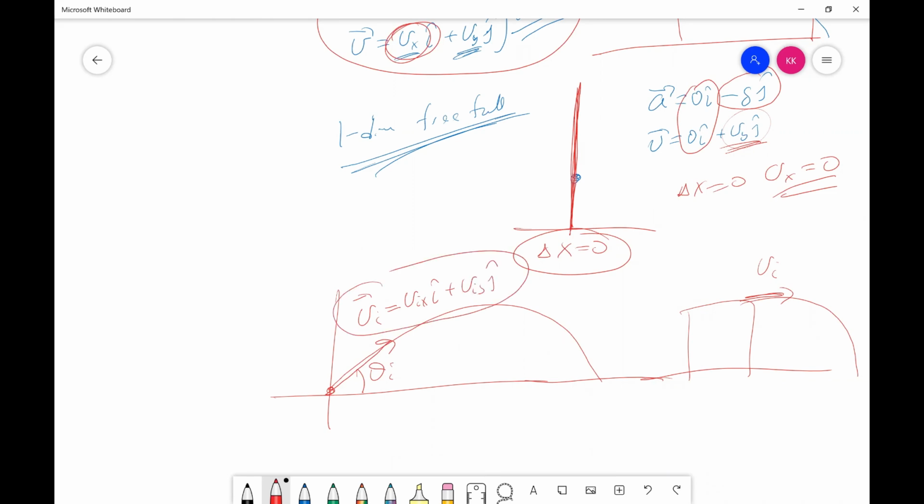That's a non-zero launch angle. That means that your projectile has some kind of launch angle. Where if it's a zero launch angle, then V initial vector is equal to V initial x i hat plus 0 j hat. It has no initial vertical component. So V initial in the y direction is 0 if theta initial equals 0.